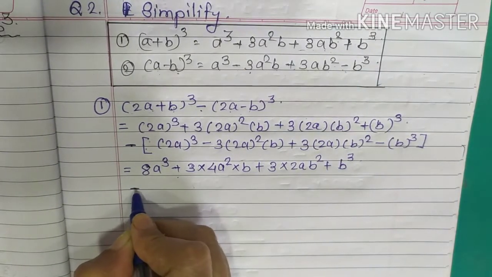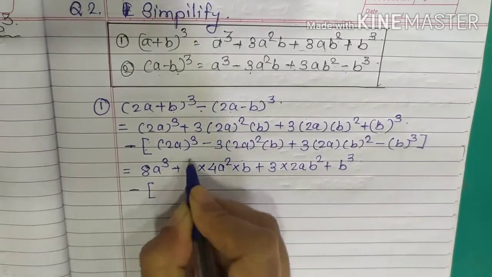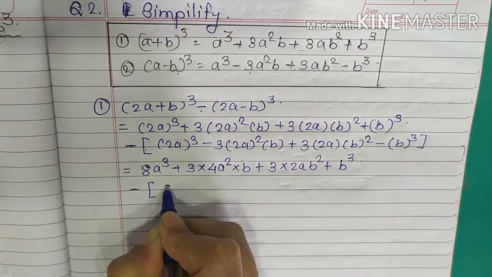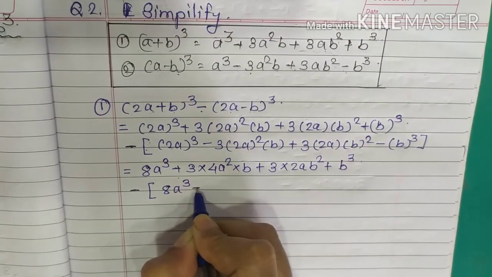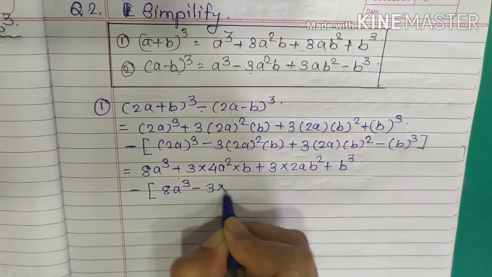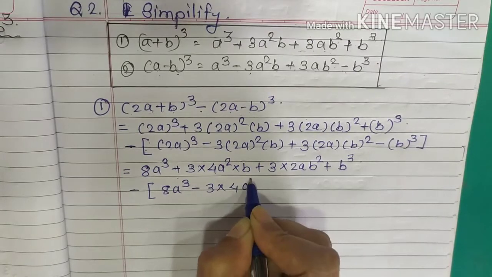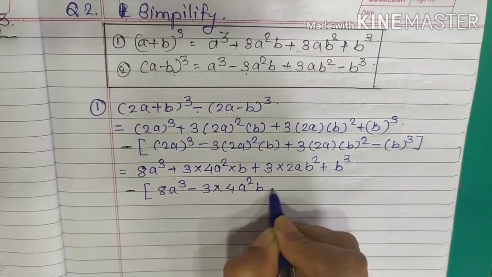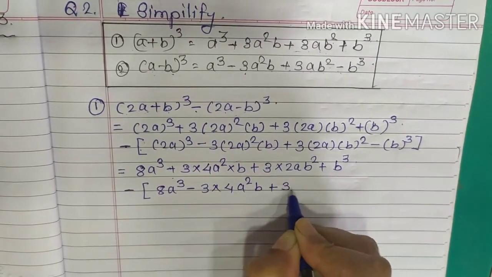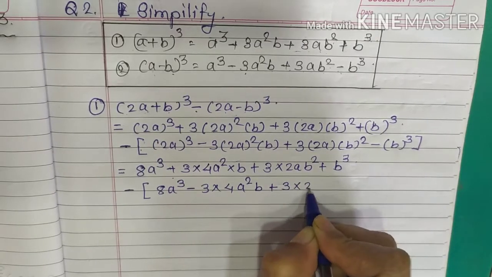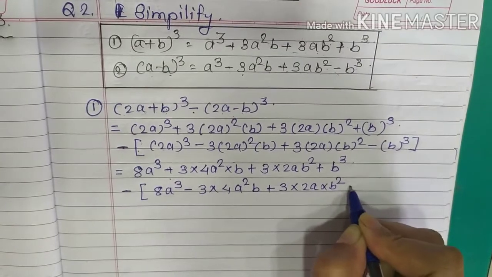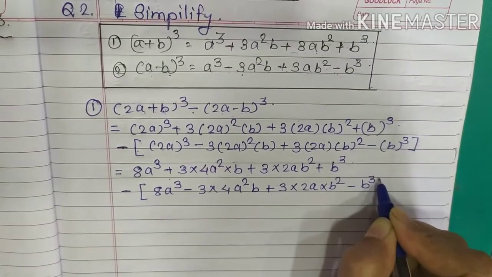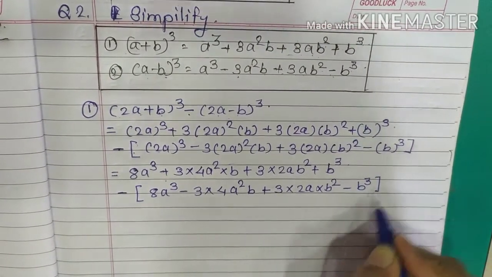Next, minus sign: (2a) cube, that is 8a cube, minus 3 into 4a square b, plus 3 into 2a into b square, minus b cube.